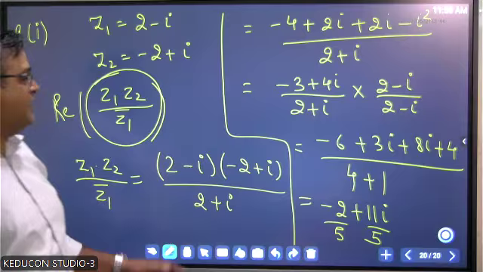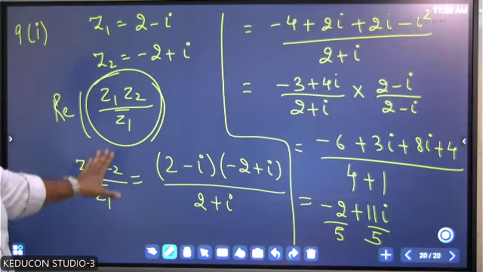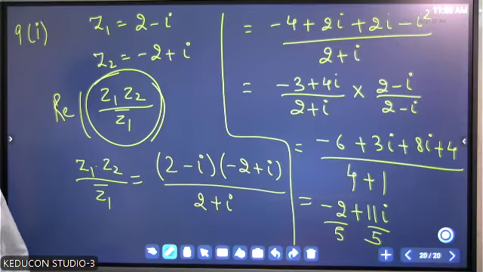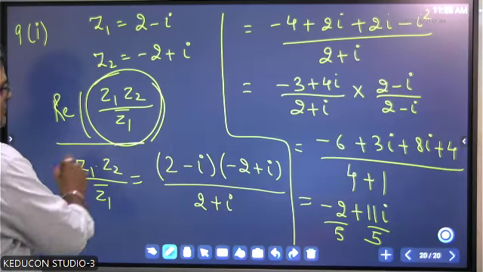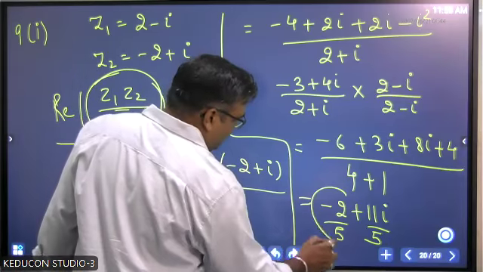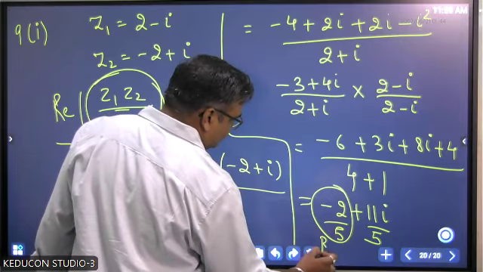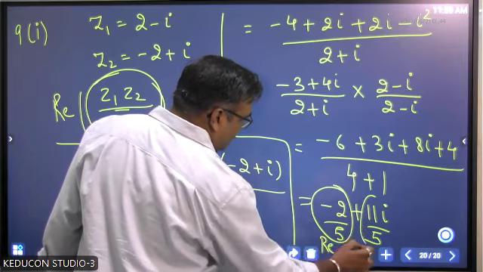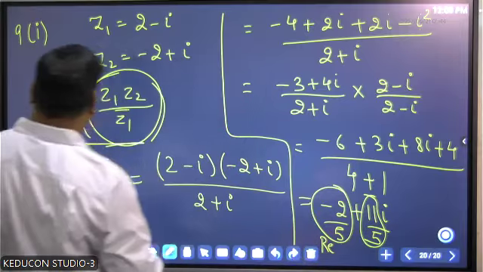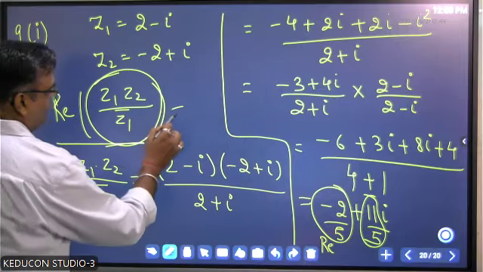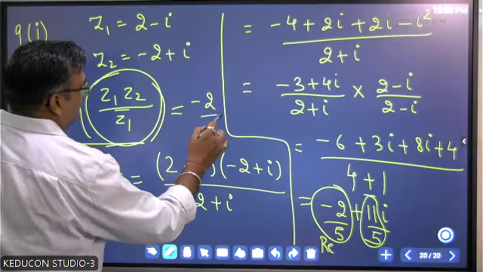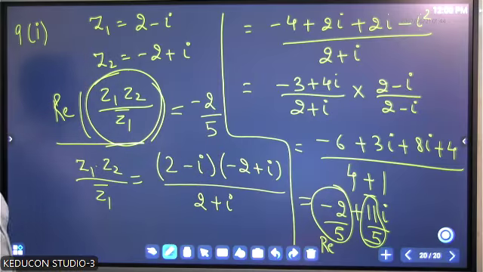So this is Z1 into Z2 upon conjugate of Z1. Now we have to find the real part of this. So this is the real part and this is the imaginary part. Now he has only asked for the real part. So this will be equal to minus 2 by 5.